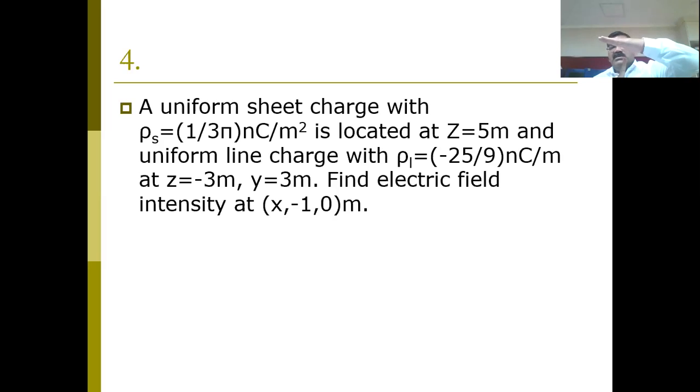So this is the sheet, and there is also a uniform line charge, rho L equals -25 by 9 nanocoulomb per meter, at Z equals -3 and Y equals 3.